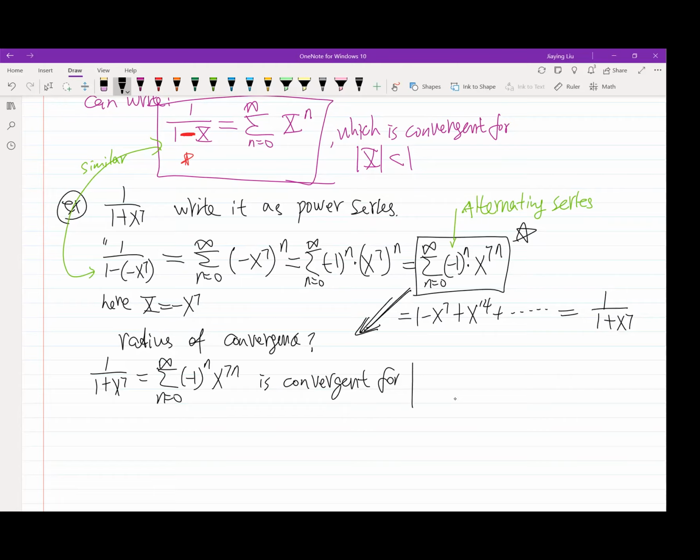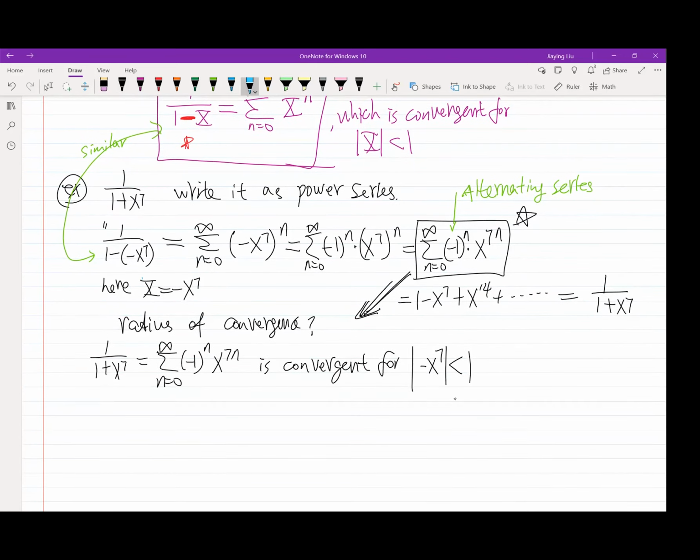we're going to follow the same pattern there. The previous one, we have capital X in absolute value less than 1. So in this case, it will be the absolute value of capital X, which is negative x to the 7. That's the substitution we used earlier. For this capital X to be less than 1, that's the condition for convergence of this series.